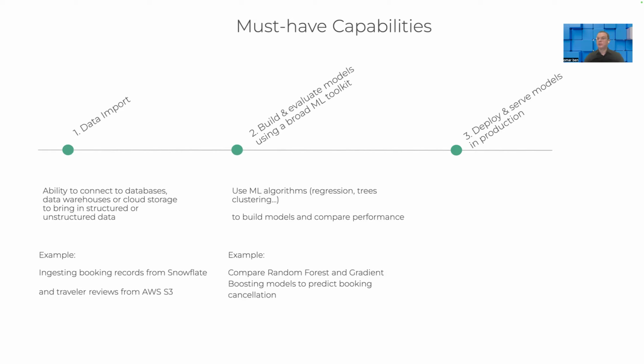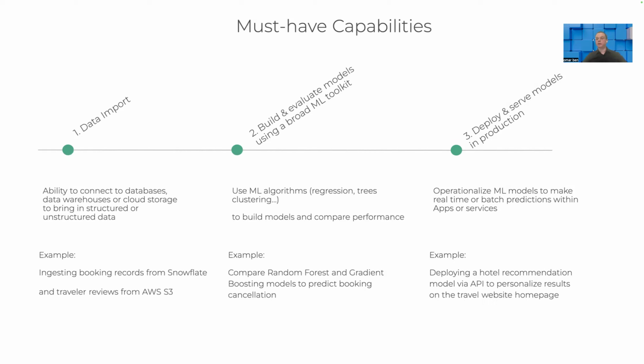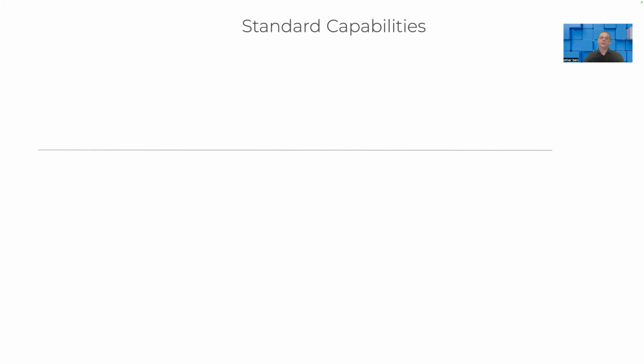And then third, it's the ability to deploy and serve models in production. So this is where you operationalize machine learning models to make real-time or batch prediction within apps or services. So the example here would be you're deploying a hotel recommendation model via API to personalize results on the travel website homepage. Let's look now at the standard capabilities.